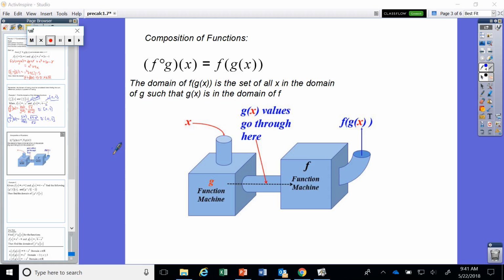So first and foremost, what does it mean to have a composition of two functions? It just simply means that we're going to legitimately take one function and put it into the other one. And that's what I have up here on the screen.